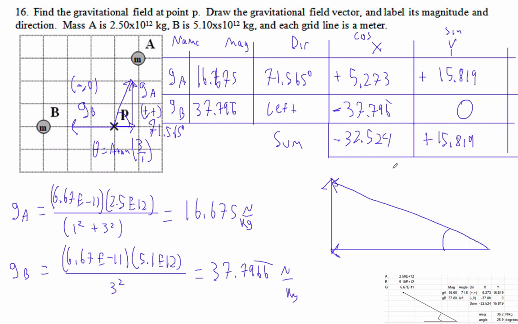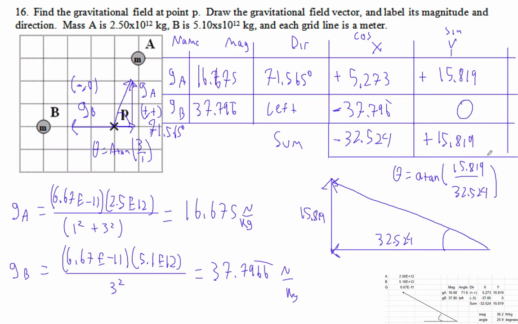That angle is going to be a tan of opposite, so 15.819. Right, this is our opposite side. This is our adjacent side, 32.524 divided by 32.524. We can do this.